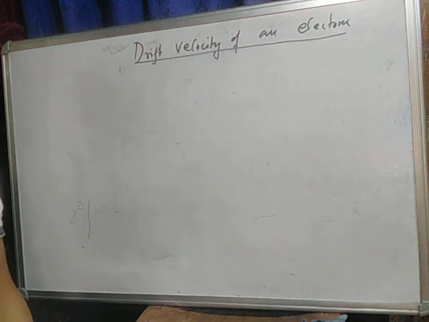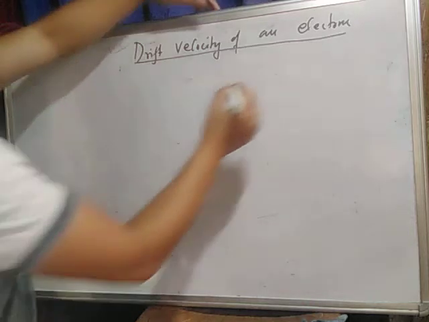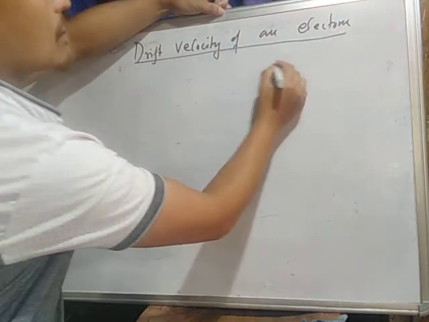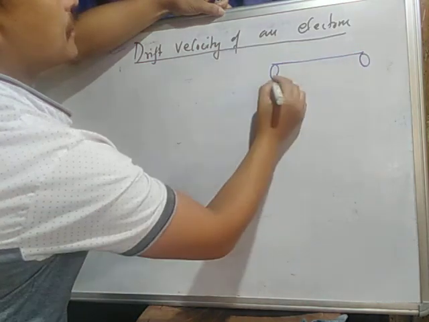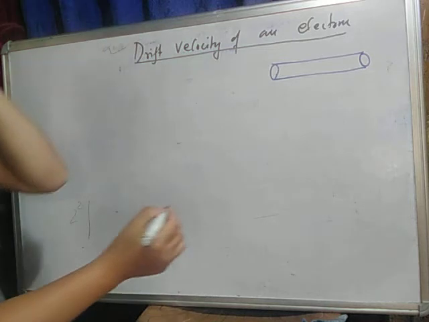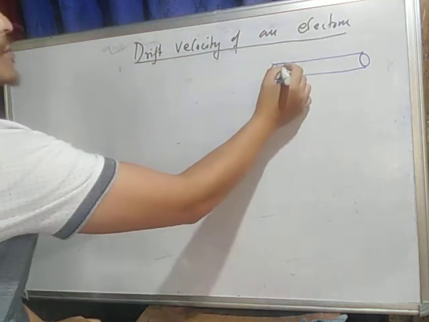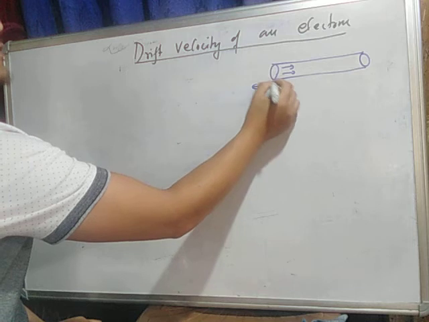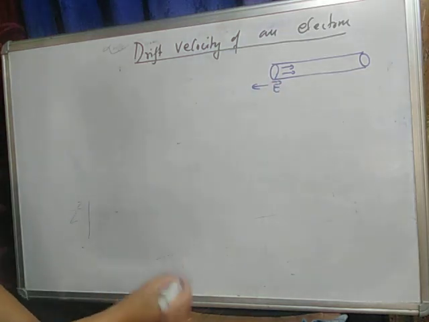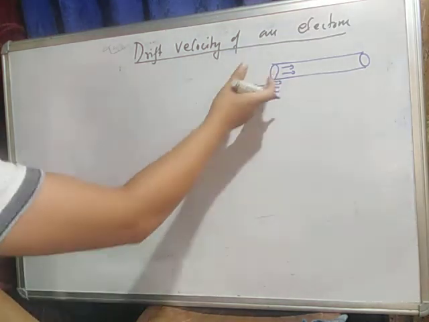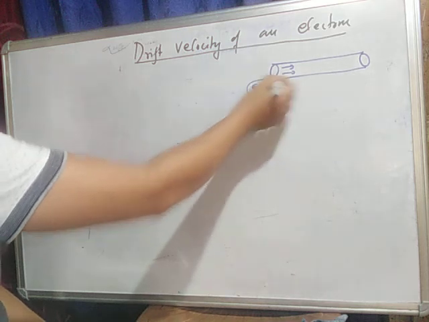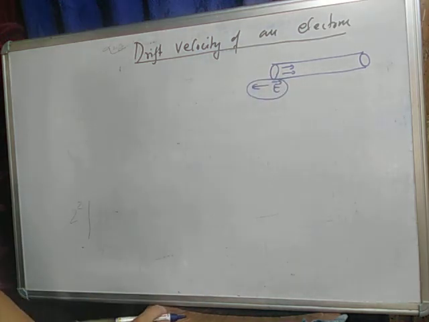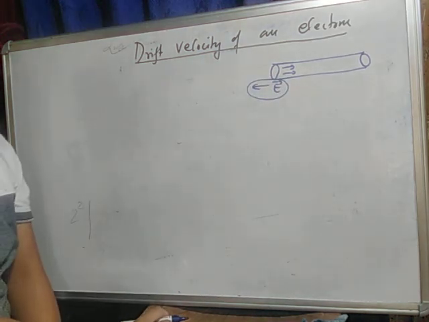So write down, or you may draw first. See, this is our conductor. There is a movement of electrons whenever you apply the electric field. But initially, before applying the electric field in this conductor, how much is the initial velocity?